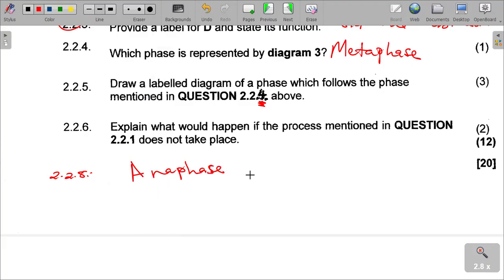And then we are saying draw a diagram to illustrate it. We are just going to draw a diagram there which has got the spindle fibers there, and then we have got our chromosomes there, and the same thing here also.